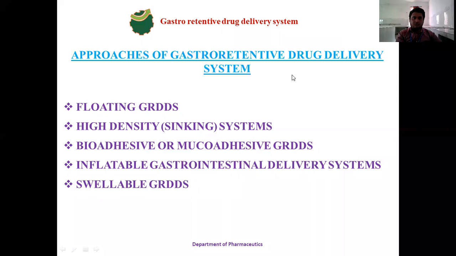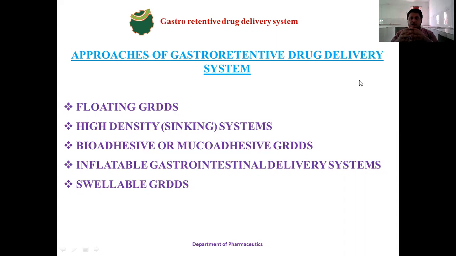So in this session, we are going to discuss various approaches of gastrointestinal drug delivery system. So, what is a gastrointestinal drug delivery system? It is a part of a controlled release drug delivery system, and you can say that it is a site-specific drug delivery system, where the drug will release from the dosage form into a particular site.